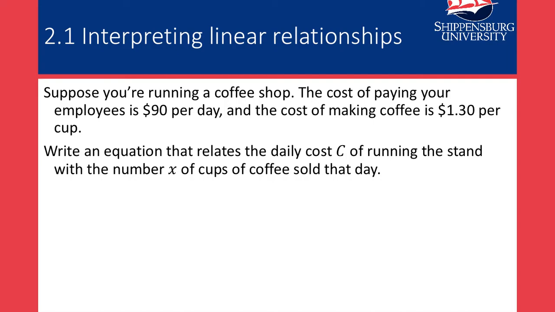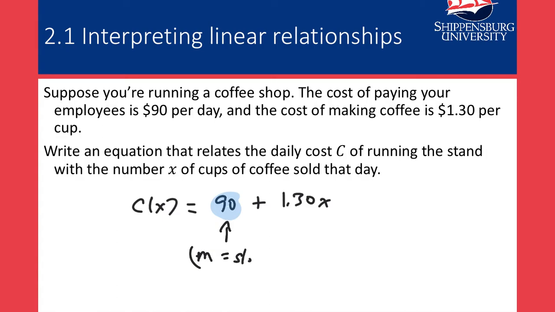In the context of something like finding the cost of running a business, we have a linear equation that looks like this. In this equation, the number here, that's like our y-intercept.